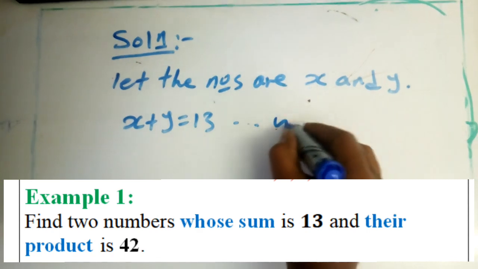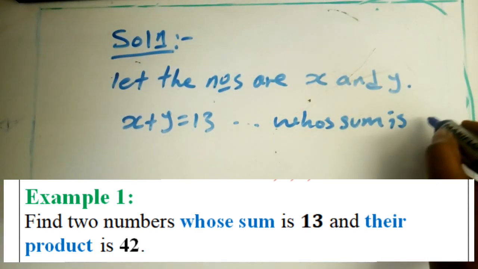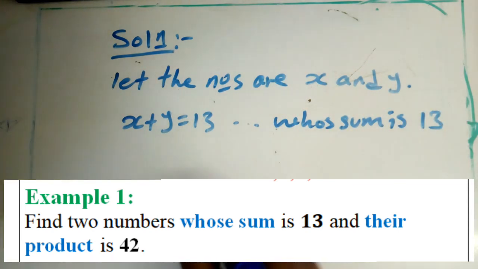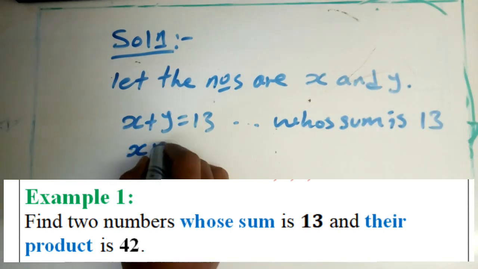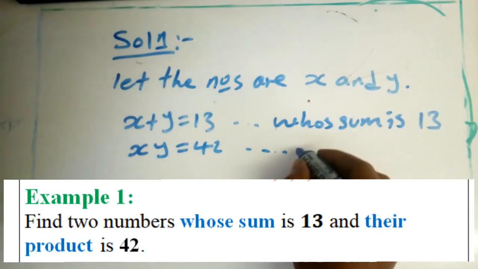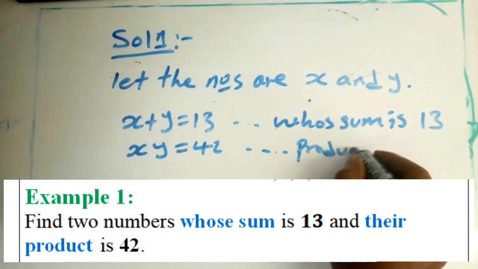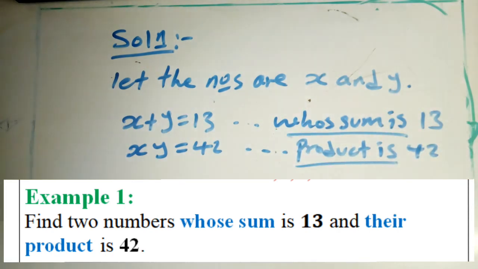This is to express whose sum is 13. And the second clue, whose product is 42: X times Y is equal to 42. These two clues help us to calculate the value for X and Y, the unknown numbers.